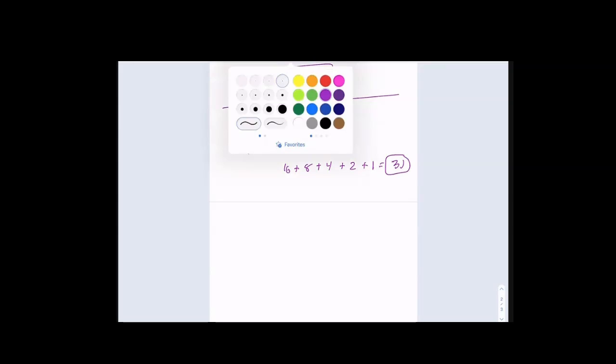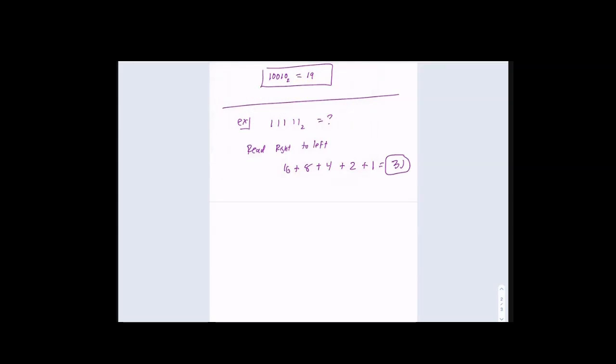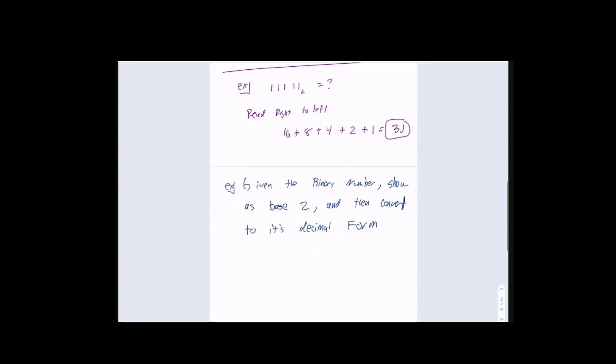So in your homework, this is what you're going to be doing. For example, given the binary number, show it as base 10 or base 2, and then convert to its decimal form.